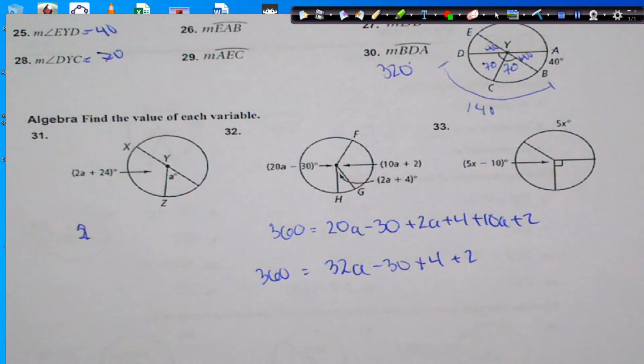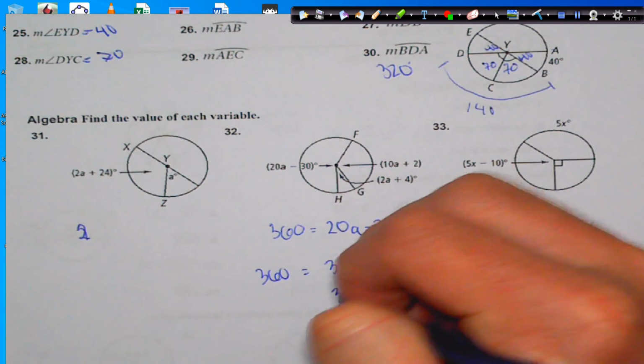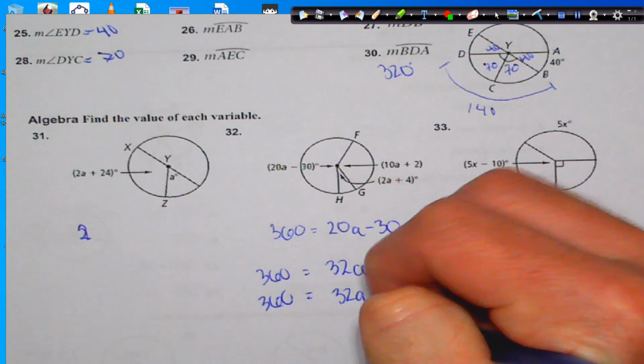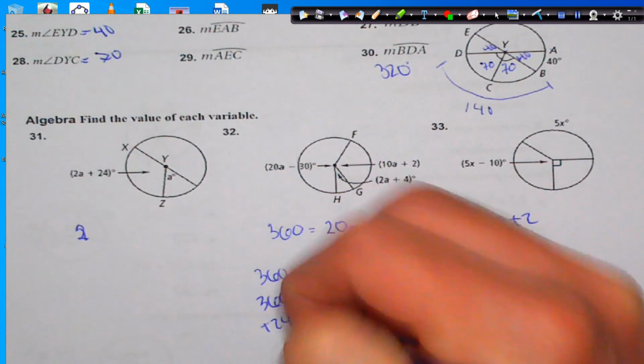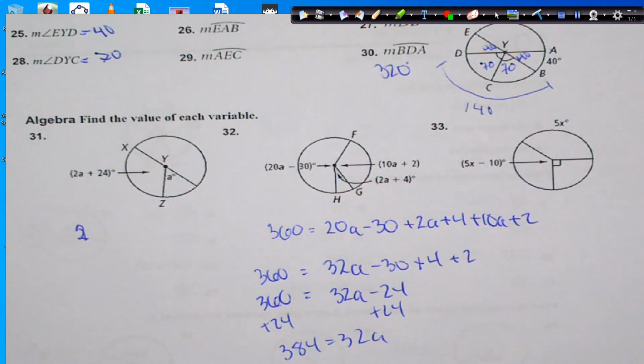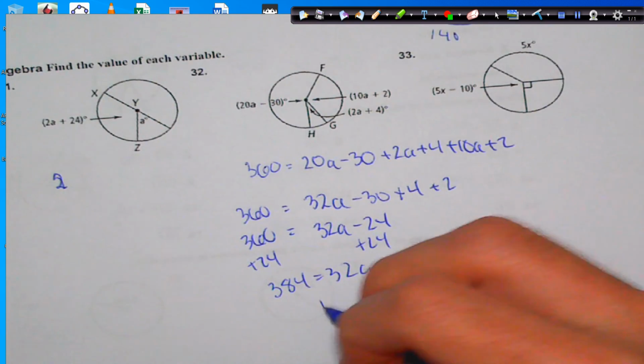Negative 30 plus 4 plus 2, just double checking my work. So we get 32a minus 24 equals 360. So I'm going to add 24. 384 equals 32a. Divide by 32. Does that go in evenly? Of course it does. 12 equals a.